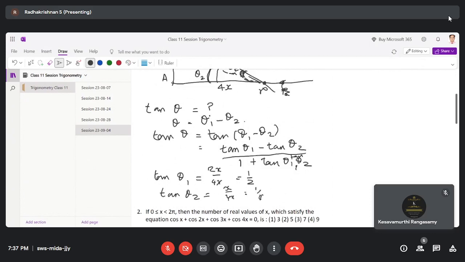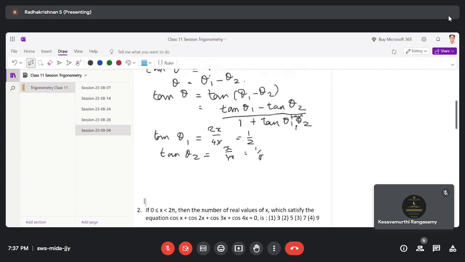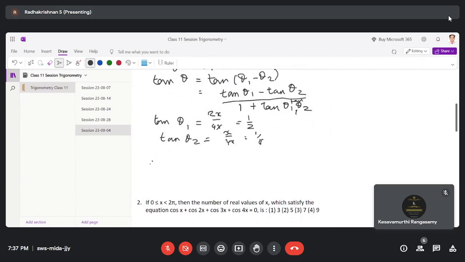So tan theta is what is needed. So we can simply substitute in the formula for tan of theta 1 minus theta 2. Tan theta equals, applying that formula, tan theta 1 minus tan theta 2 divided by 1 plus tan theta 1 into tan theta 2.